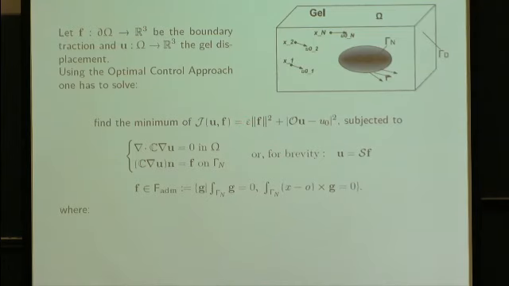We use Tikhonov penalization. This function is constrained to a PDE. The PDE relates the force field exerted by the cell to displacement of the gel in the box, and this is the PDE of linear elasticity.